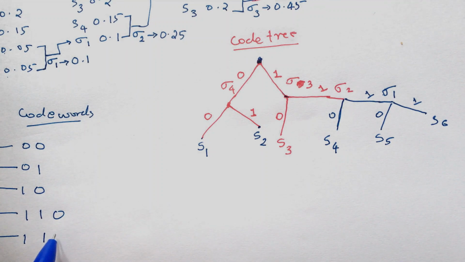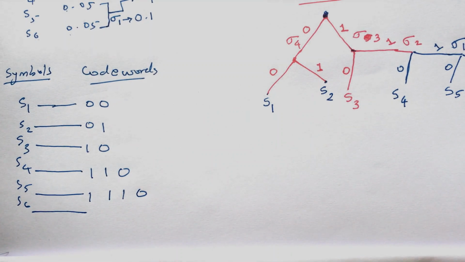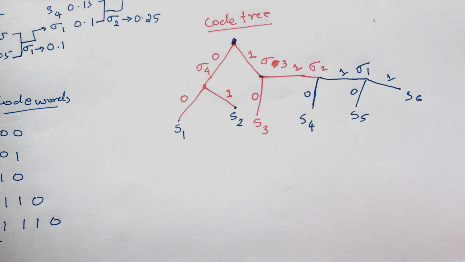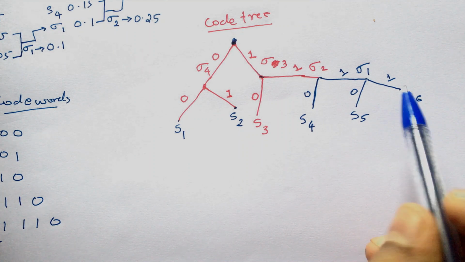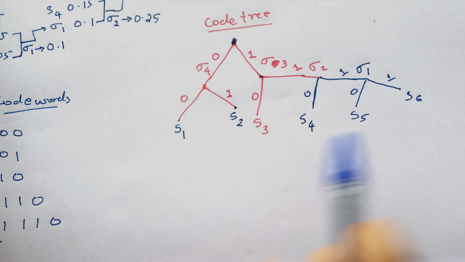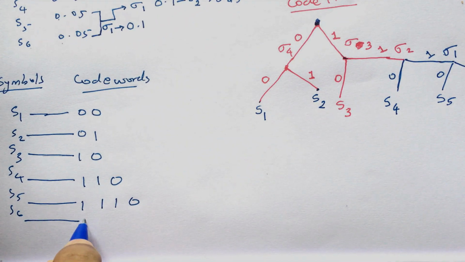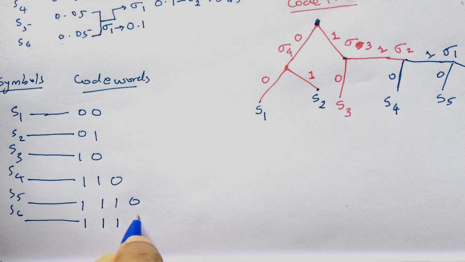Then for S6, just go to the code tree and start from the first node: 1, 1, 1, 1. So we can write S6 as 1111.